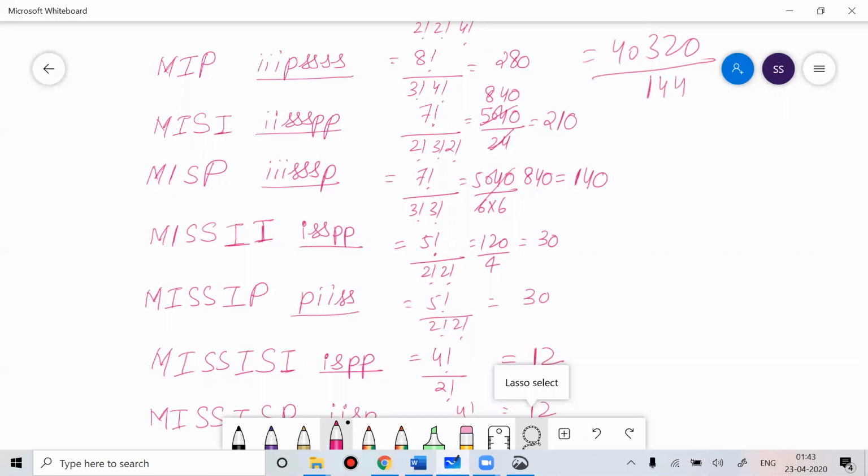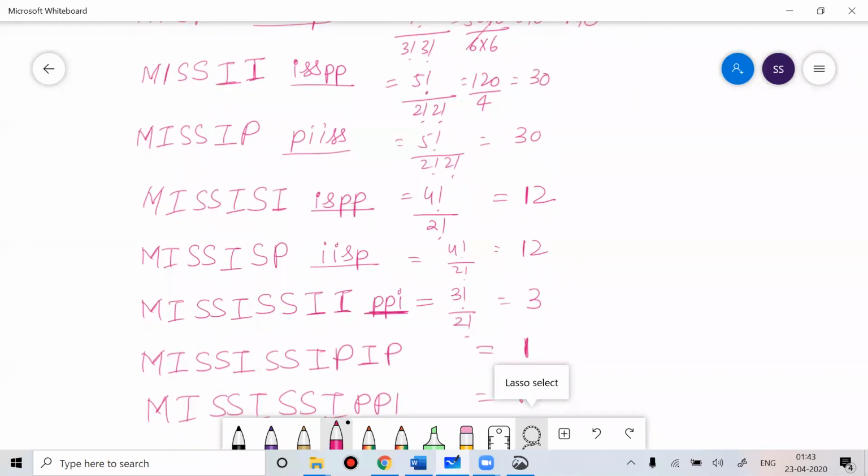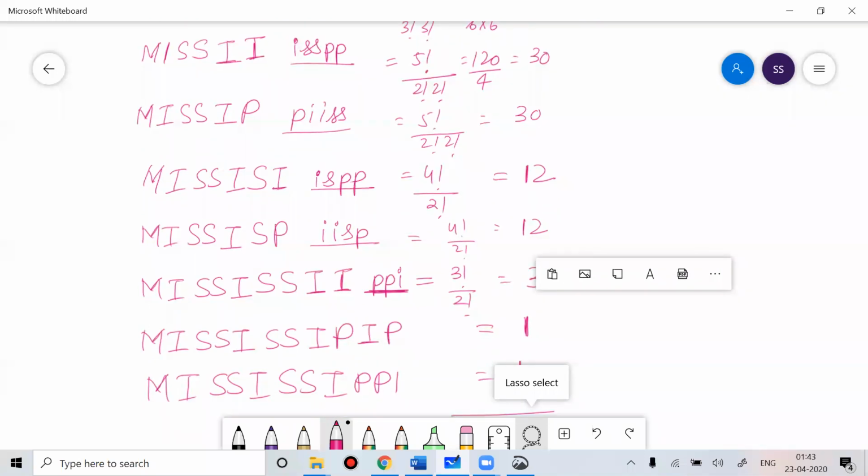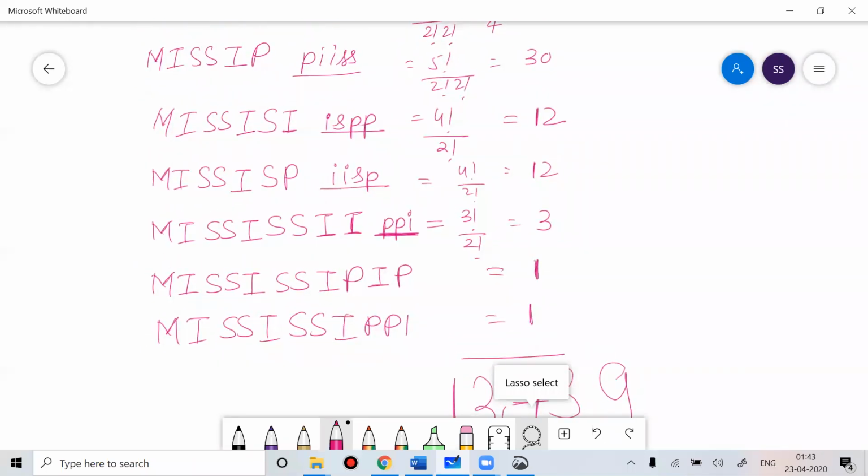Then 60, 60. Then 24, 24, 24. Then 1 plus 1 plus 1. So this is 3 factorial by 2 factorial. PPI means 3 factorial by 2 factorial.